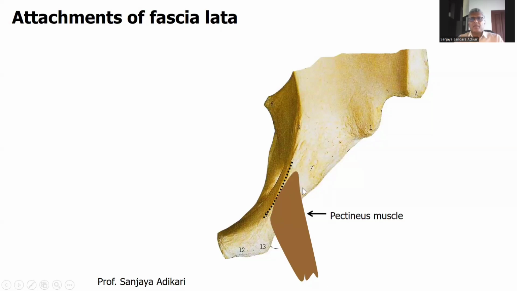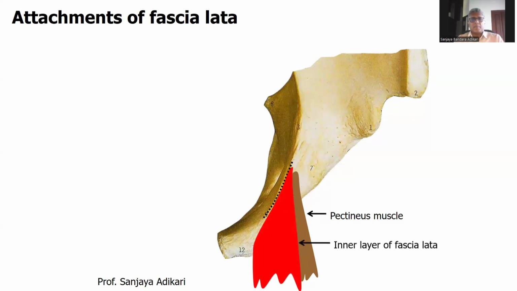If you remember the pectineus muscle, which is on the anterior aspect of the thigh, pectineus muscle is attached to the pectineal line here. Okay. Now, this is the deep or inner layer of fascia lata. Okay, this is the inner layer of fascia lata attached superficial to the pectineus muscle. So, the pectineus muscle is partially covered by this inner layer of fascia lata here.